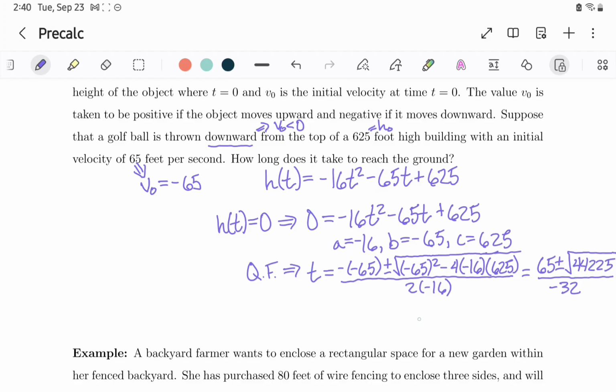And for the approximate solutions, we get t is approximately minus 8.6 or 4.54.